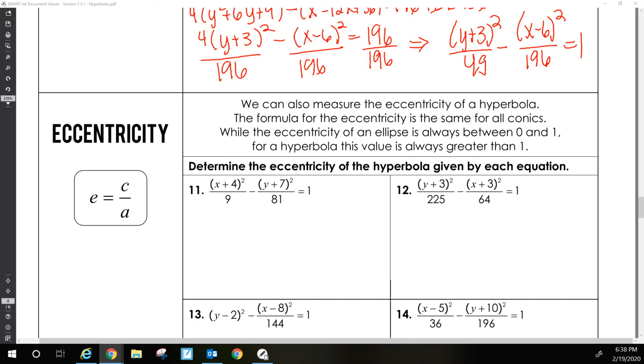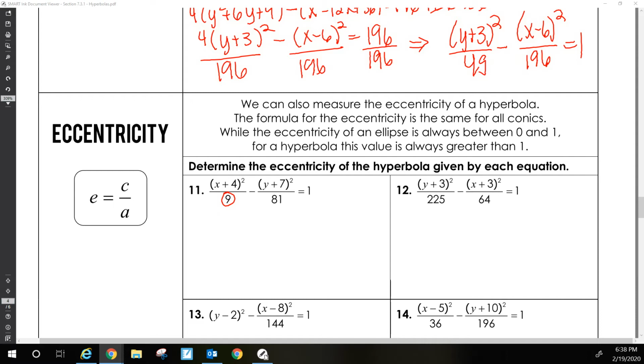So let's look at the eccentricity for these guys. For number 11, we know what A is. Remember, for a hyperbola, A is always the first one. It's not the bigger one. It's always the first one for hyperbolas.